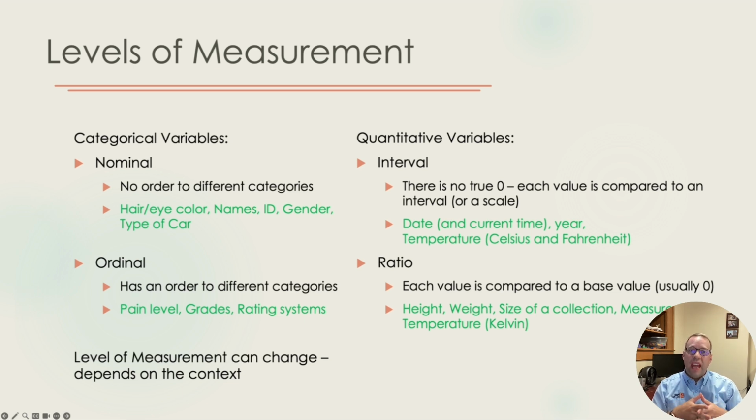The time of day comes from midnight, which is an abstract 0 value, so it's an interval level of measurement. But the time it takes to run a race, there is a very definite 0 time when you start the race. That would be a ratio level of measurement. So time could be either interval or ratio, depending on the context. All right, so keep your eye open for that.